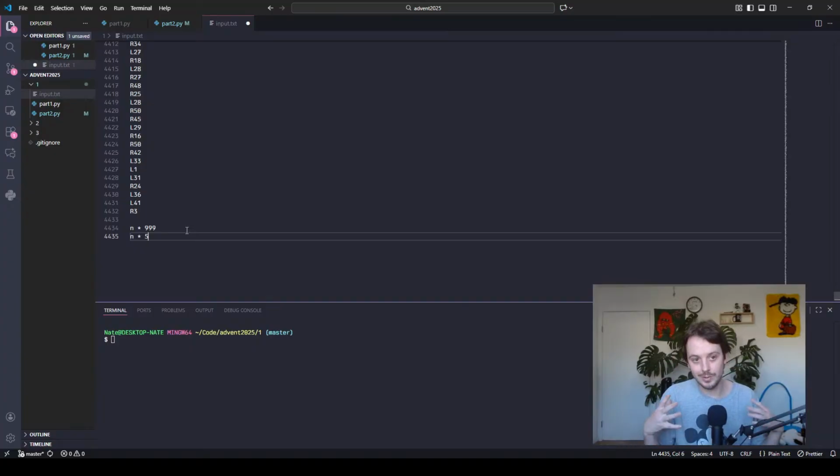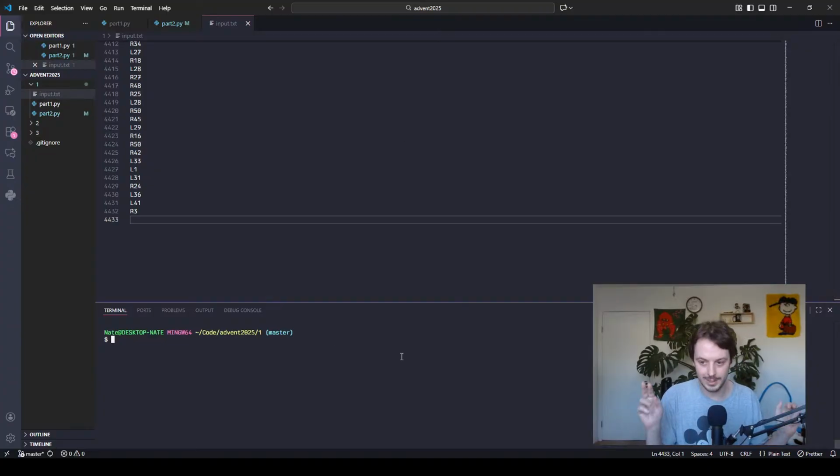But as you might know from doing big O calculations in the past, n times 999, n times 5 we could also write as 5n, but we actually tend to simplify these both to O of n, because the 999 is not growing with n, that's a fixed number. So even if I added more lines, I'm not getting more than 999. And same for the 5 or 3 or whatever. So these actually have the same time complexity, even if we made some kind of optimization there.